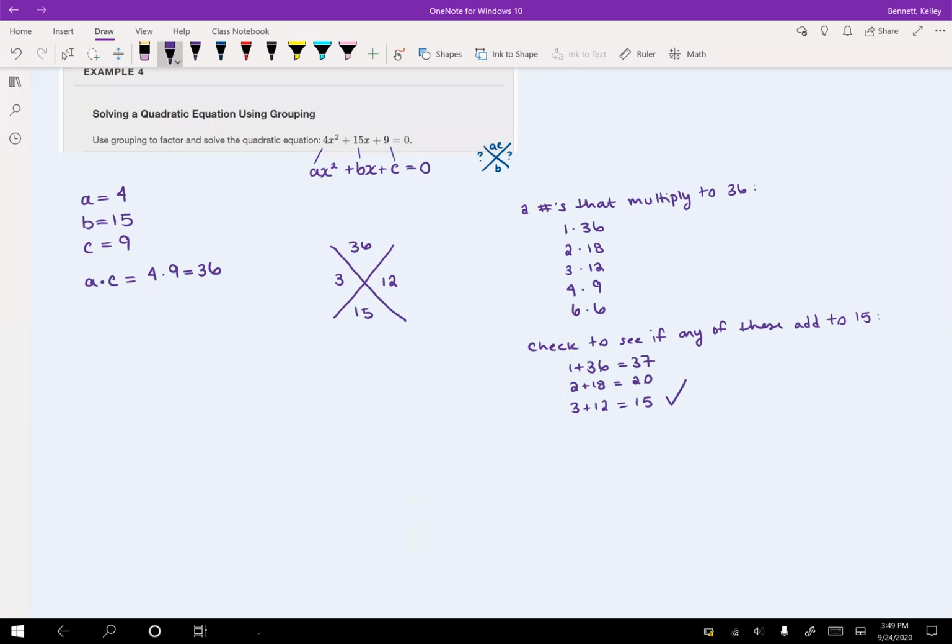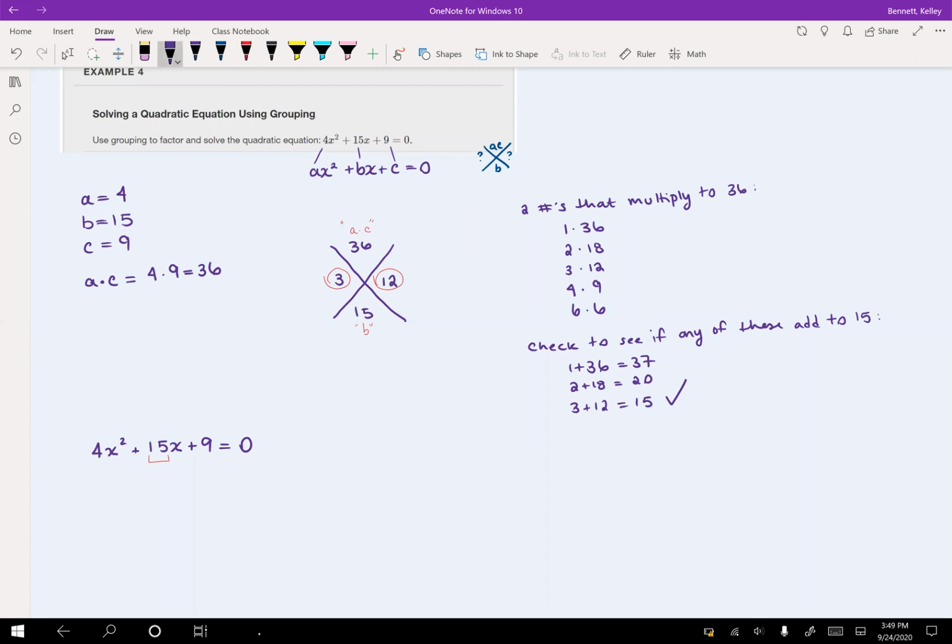And my next step is, instead of having 4x squared plus 15x plus 9 equals 0, I'm going to replace my 15, which is my B. Remember that this is B, and this was A times C. I'm going to replace my B by writing it as the sum of 3 and 12, those two numbers that I found.